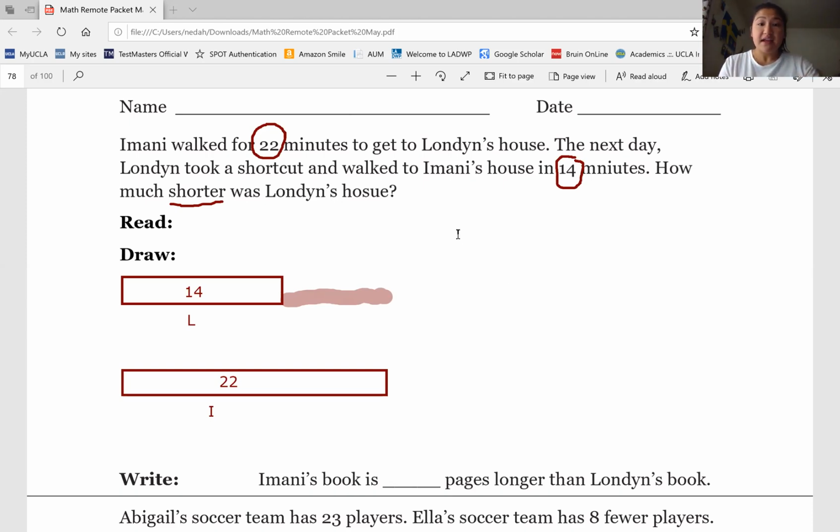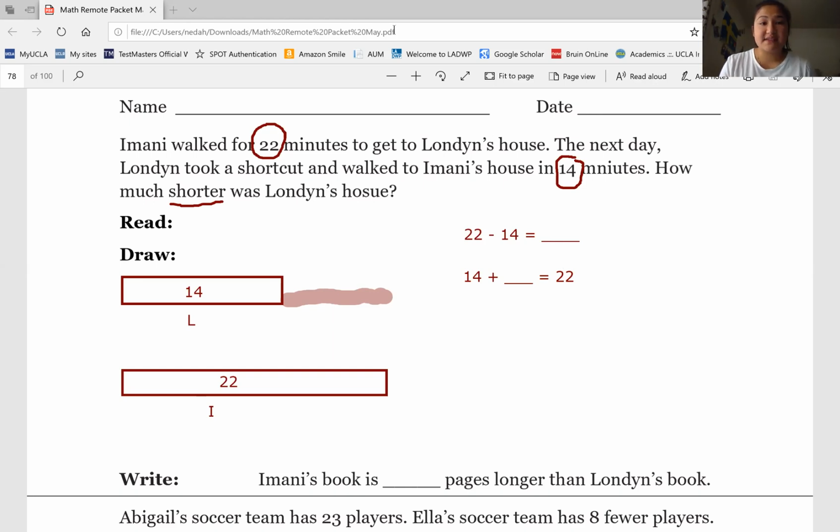To do that, you can set up either a subtraction number sentence where we start with the larger number and subtract the smaller part that we know to find the unknown part, or you can start with the part that we know, and we know that there were some amount of minutes between London's walk and Imani's walk, and then you can get to the total of Imani's walk.